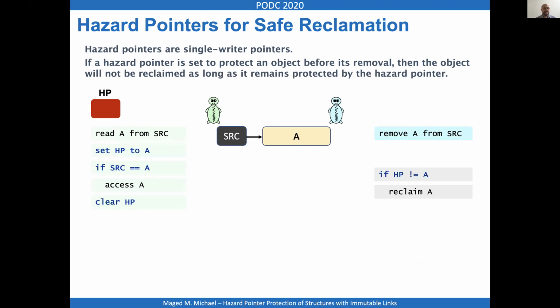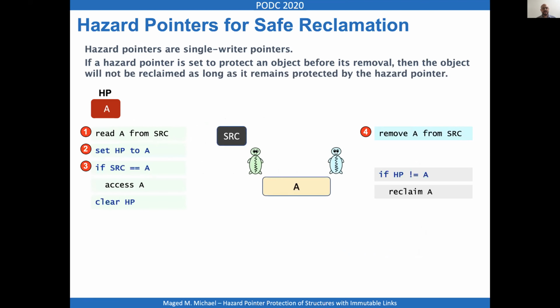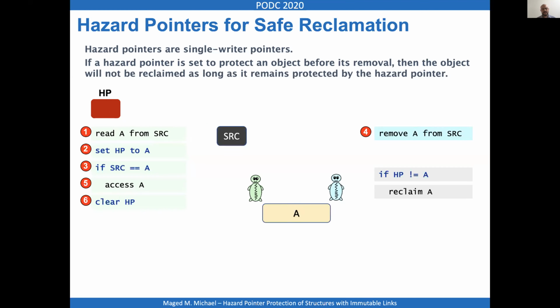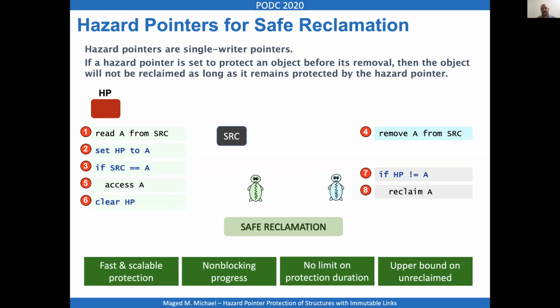You have a thread here that is trying to access the object A. At the same time, another thread removes the object A, but it doesn't reclaim it because it's protected. And then when the thread is done with the access, it clears the hazard pointer and the object is reclaimed. So it's a safe reclamation mechanism.